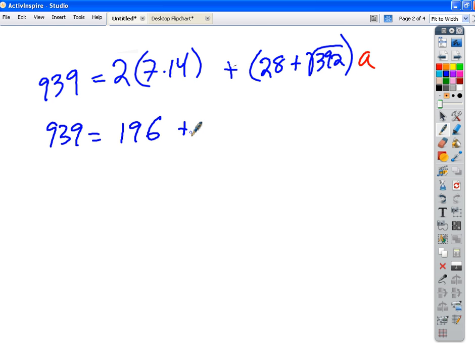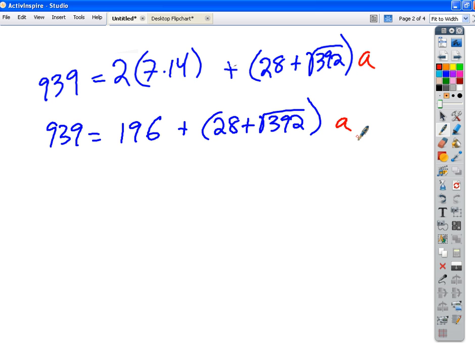This part, I really don't want to write that as a decimal. 28 plus the square root of 392 is going to be this horrible decimal. Let's not do that. Let's just leave it like that. As weird as that looks to you, because you haven't done a lot of this, that's a better way to write that number. We'll just leave it as the quantity, 28 plus the square root of 392 times A.